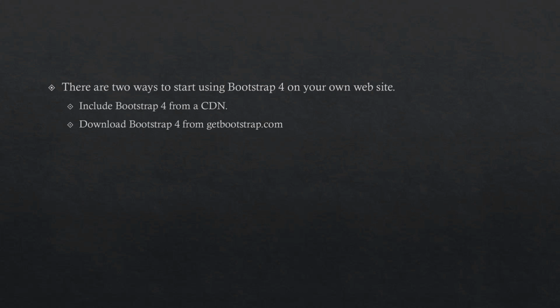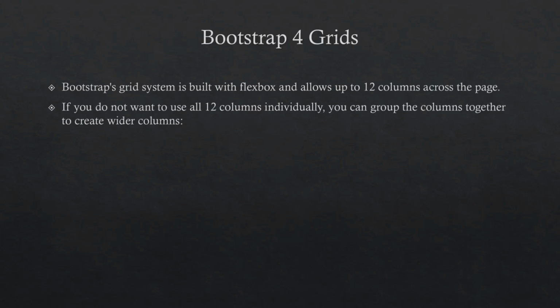So what are Bootstrap grids? When we are talking about responsiveness, obviously you need to know how Bootstrap 4 actually achieves that responsiveness. The Bootstrap 4 grid system is built with flexbox and allows up to 12 columns across the page.